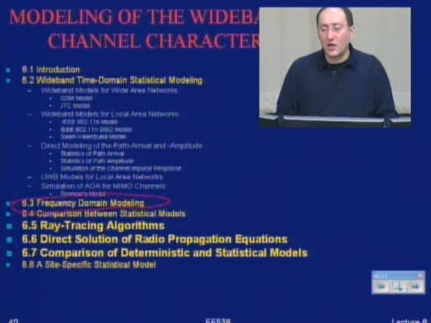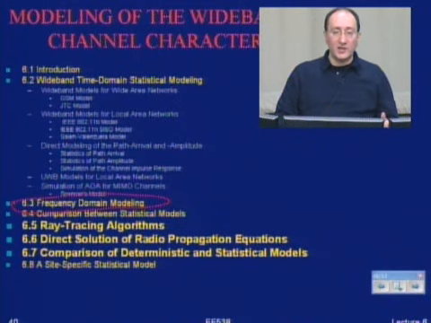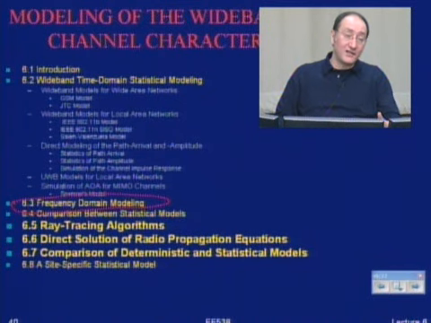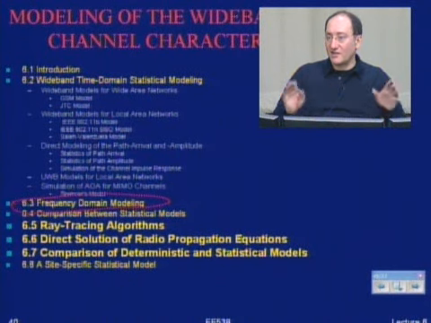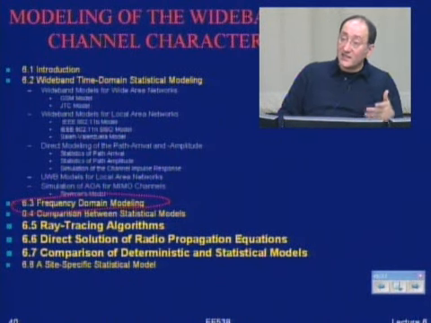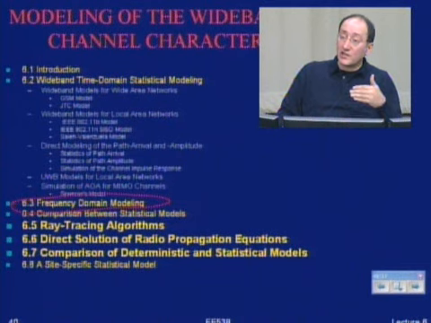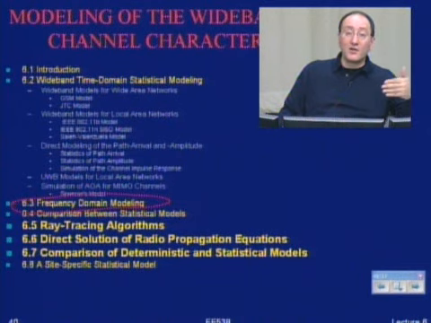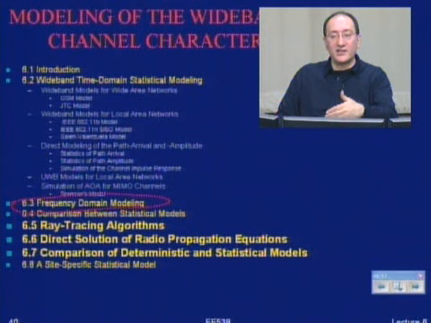Now, if you want to compare frequency domain with time domain modeling, frequency domain modeling is much simpler. It just uses two complex numbers to represent, and then you have to give the statistics of those poles, because the locations of the poles are changing from one channel measurement to another.